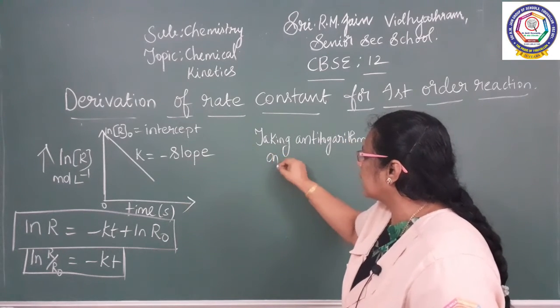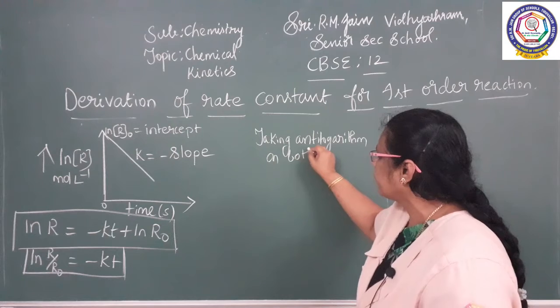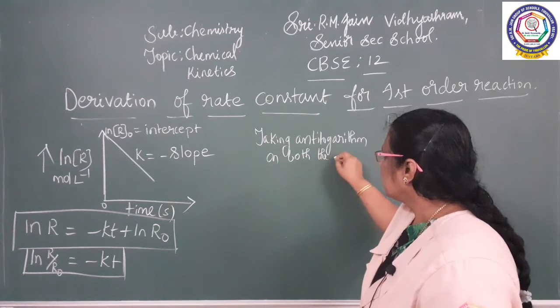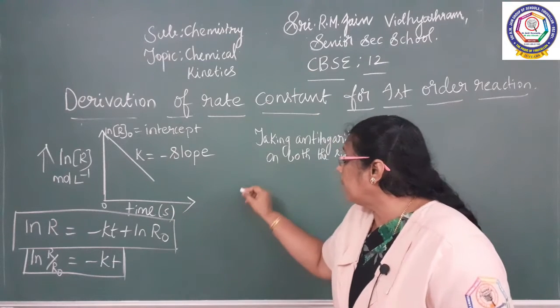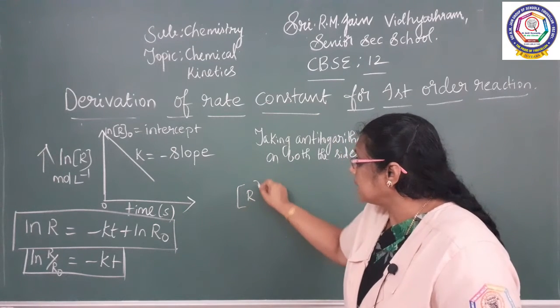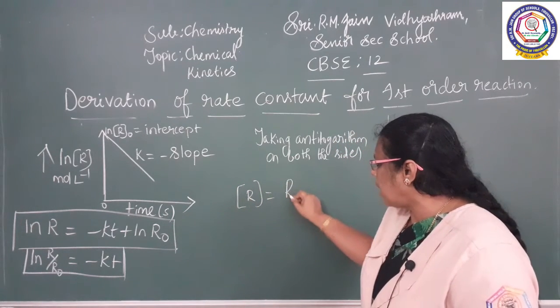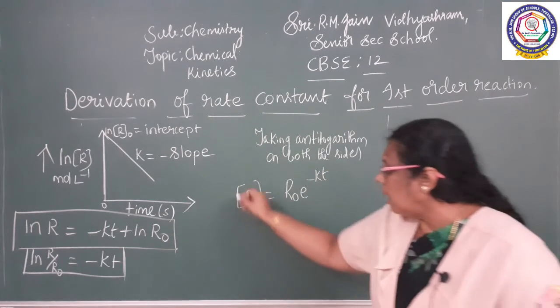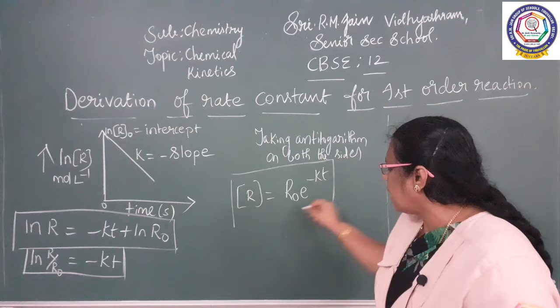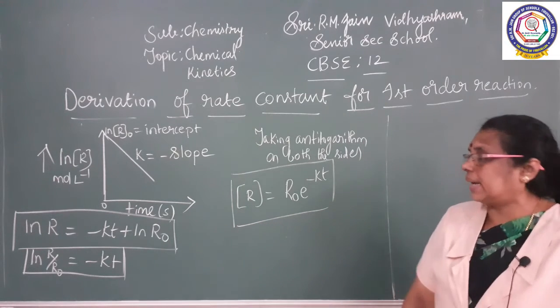Taking antilogarithm on both the sides. On both the sides, what you will get here? Ln r will become r, that is equal to r naught into e power minus kt. R is equal to r naught into e power minus kt.